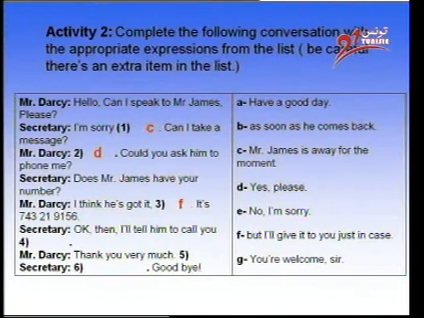It's 743219156. Number 4: Okay then, I'll tell him to call you. B. As soon as he comes back. 5 is A. Thank you very much. Have a good day. 6 is G. You're welcome, sir. Goodbye.